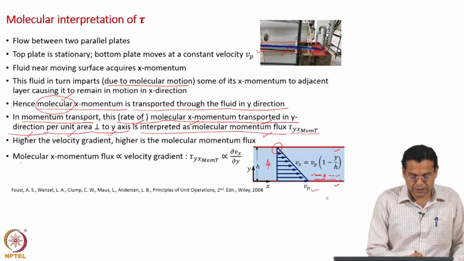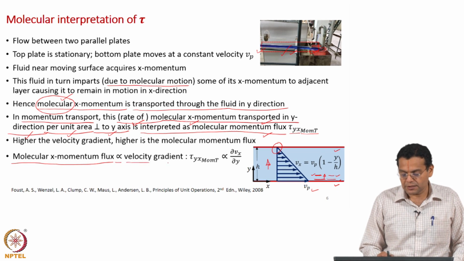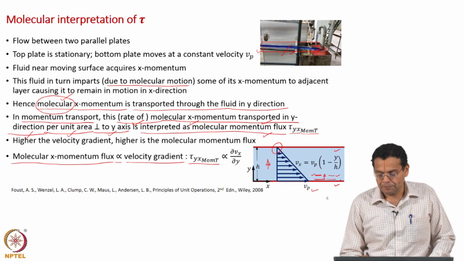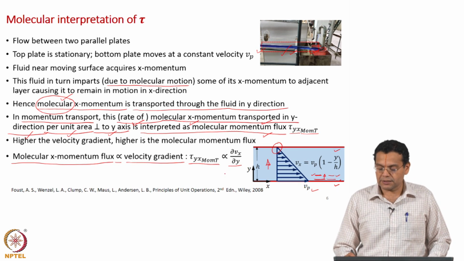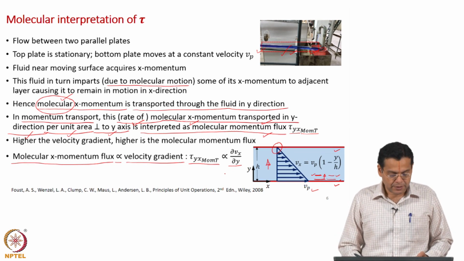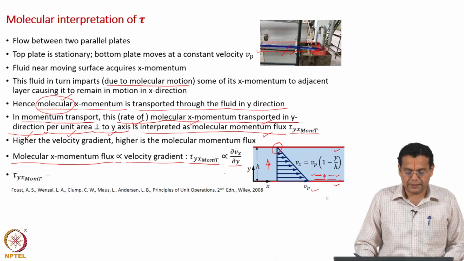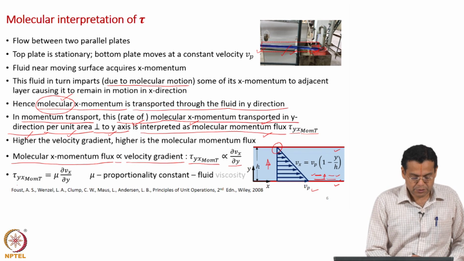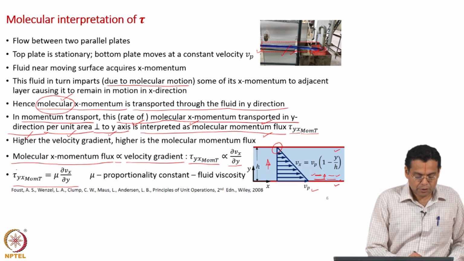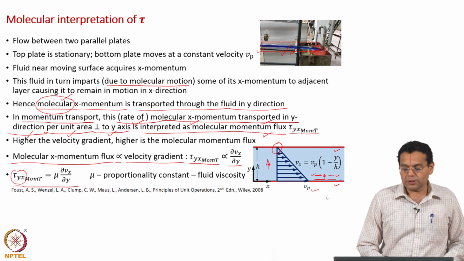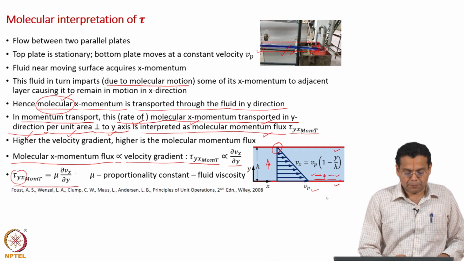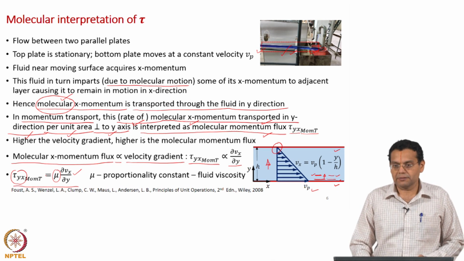In terms of an expression, tau yx momentum transport is proportional to the velocity gradient. What is the velocity gradient here? It is dou Vx by dou y, and the proportionality constant is the viscosity. So we write the molecular momentum flux as proportional to the velocity gradient, with the proportionality constant being the fluid viscosity.